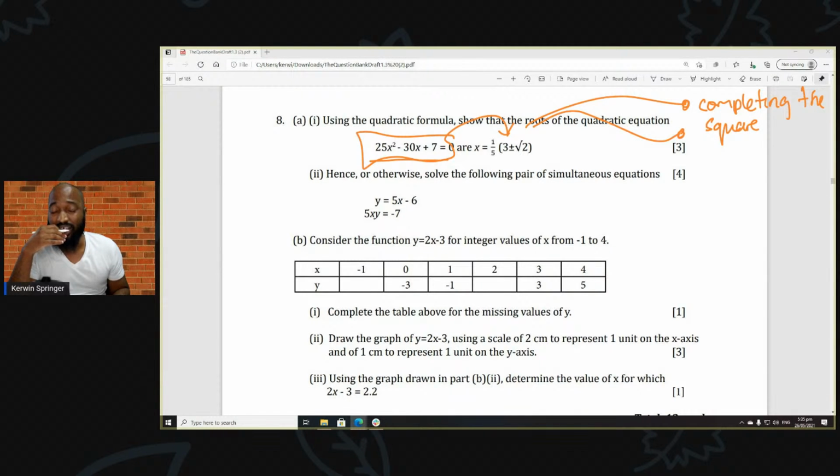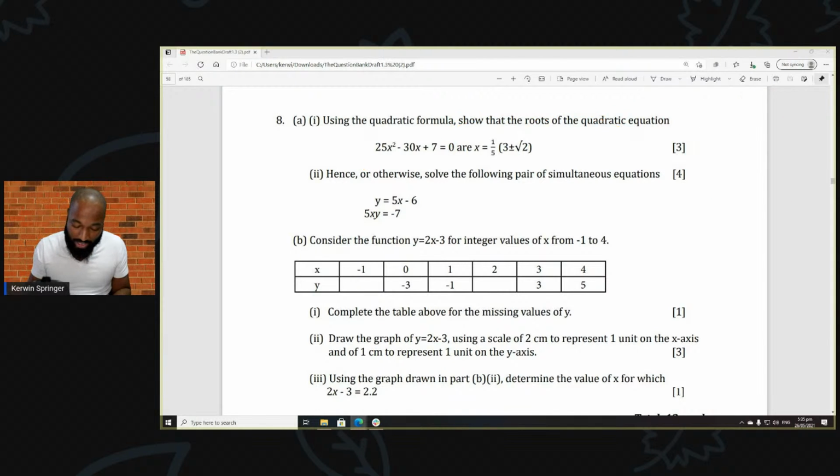I believe the fastest way to do this is what? What would you do? The fastest way to do this, I believe, is the quadratic formula. For a CSEC student, the easiest way to do this is the quadratic formula. And you should have that quadratic formula in your back pocket. You just know that. So what is the quadratic formula?